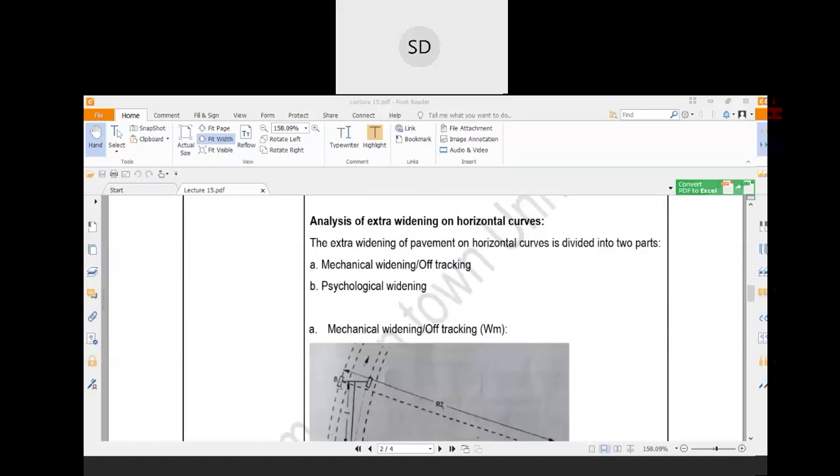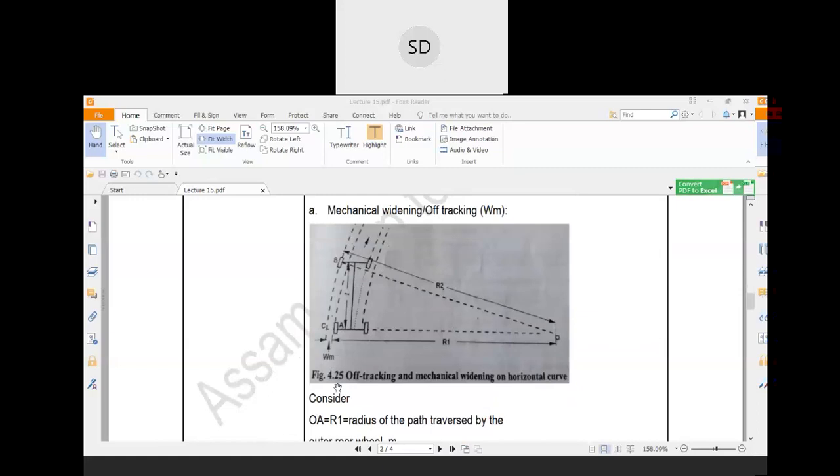So for the mechanical widening, let us discuss this phenomenon. This is a horizontal curve. This is the rear wheel assembly and this is the front wheel assembly. Now suppose R2 is the radius of the outward curve, that is, the radius of the path traversed by the outward front wheels.